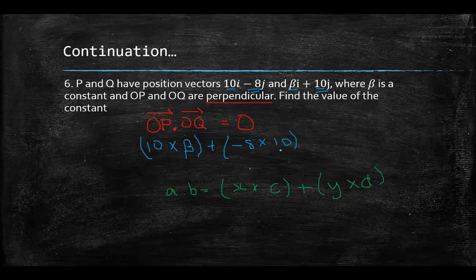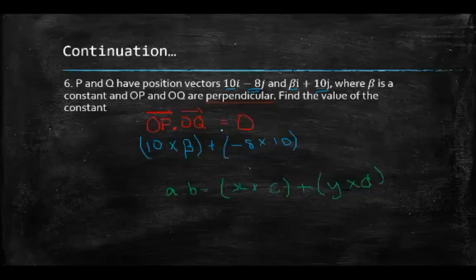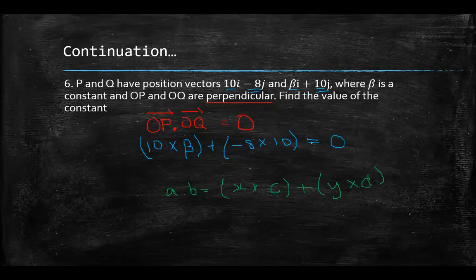And because I know these two vectors, OP and OQ, are perpendicular to each other, this answer, when I simplify, should give me 0, right? And that's how I'll be able to find the value of beta. So 10 times beta is 10 beta, and just put the addition sign.